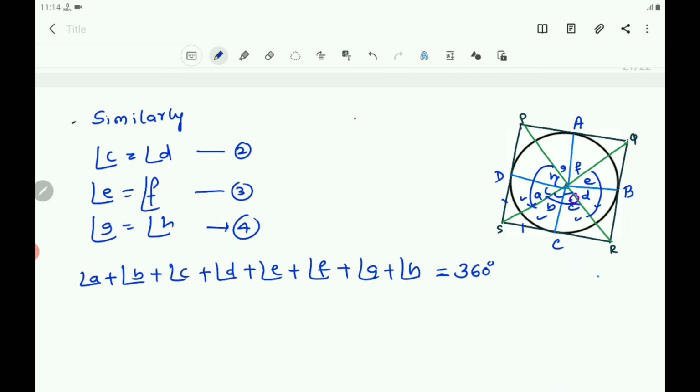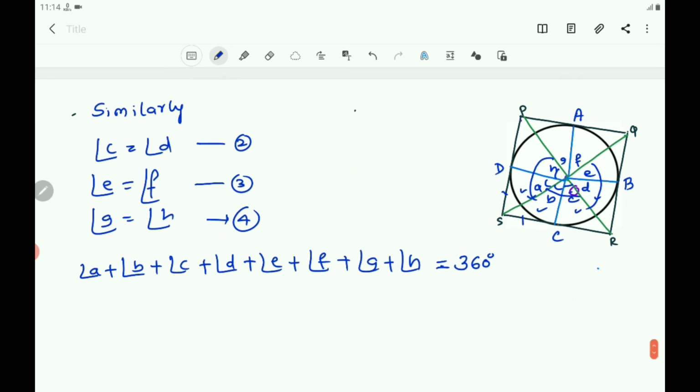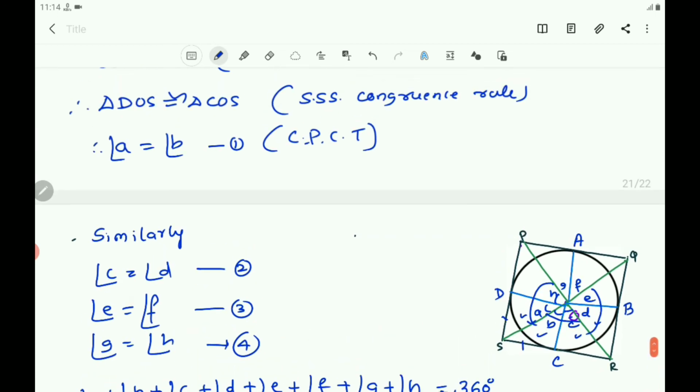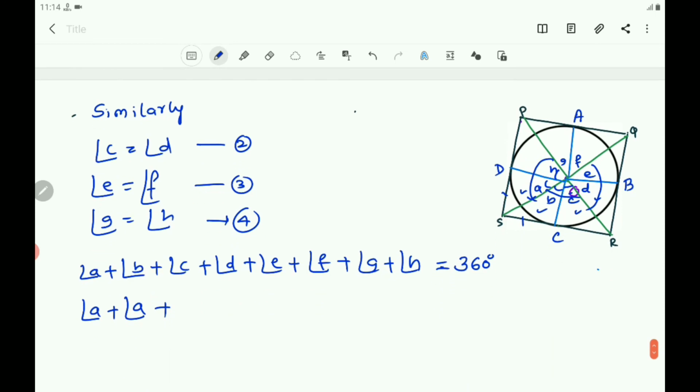So now you convert all in terms of AH and ED. Let us write first angle A is there, so you write angle A plus angle A. Why? You know that angle B and angle A are equal. Next, which angle is required here?